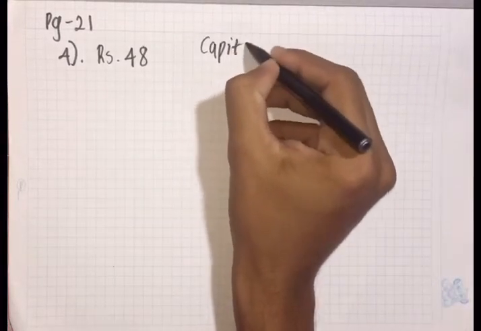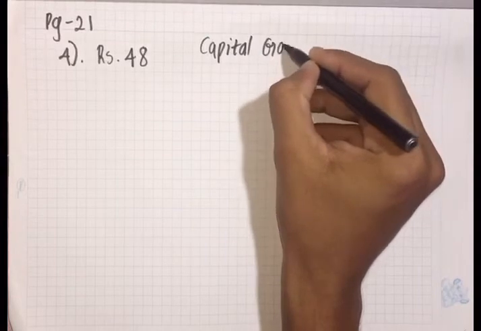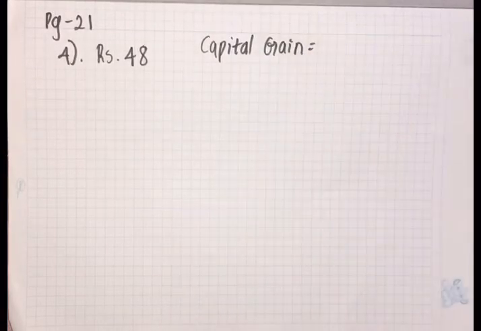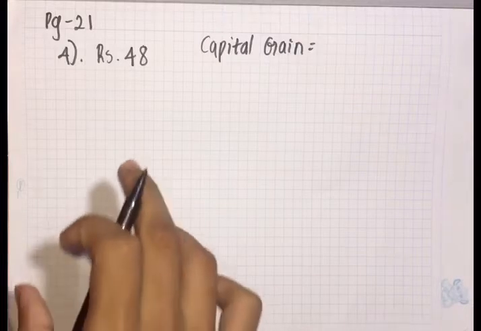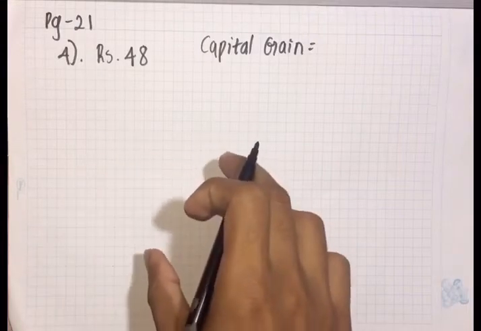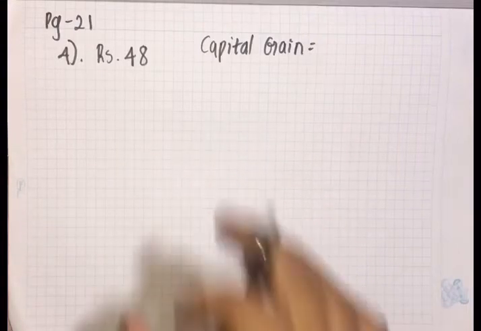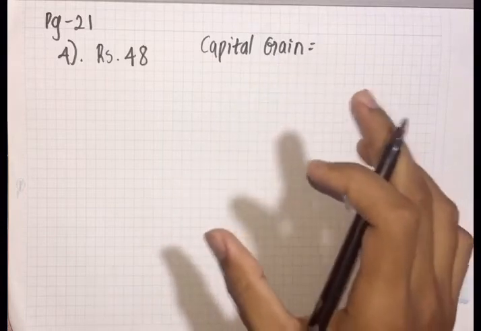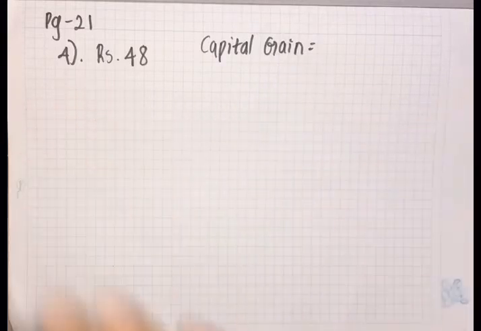Capital gain means the amount you get extra. That means the profit. The amount you get in excess. That means from the total amount finally she gets, you have to subtract how much he invested. Then you will get the capital gain. Capital gain or capital loss, already we have studied that. I have explained that.